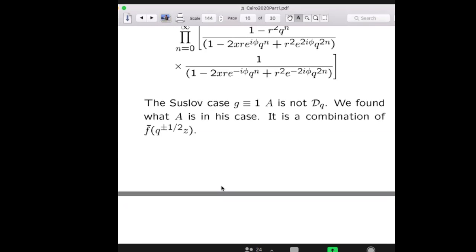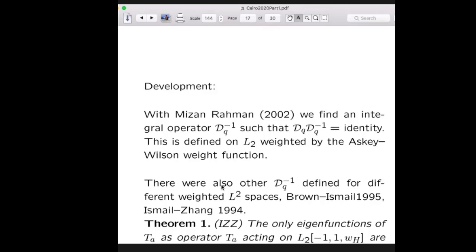Okay, so the way this evolved originally, I had a paper with Mizan Rahman where we tried to identify a one-sided inverse to the Askey-Wilson operator. And this one-sided inverse turned out to be an integral operator.